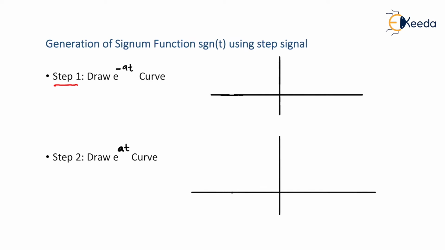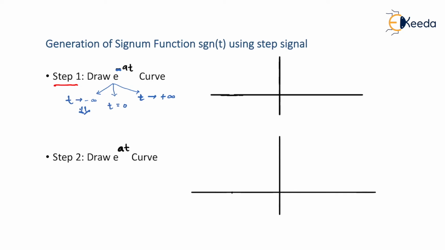So basically it is a negative exponential curve. We'll see how to draw e to the power minus at curve. I'll calculate e to the power minus at for three basic values: for t tending to minus infinity, for t equal to 0, and for t tending to positive infinity. If I substitute t as minus infinity, it becomes e to the power positive infinity.